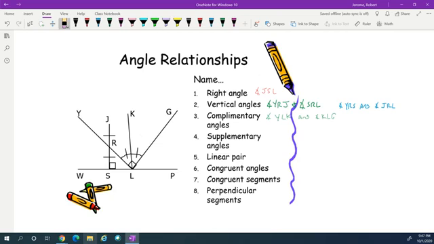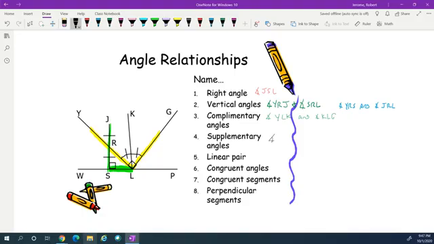Supplementary angles, two angles that add to 180. Well, I see a 90 and I see another 90. 90 and 90 is 180. So let's use those. And again, there's multiple correct answers here. I just want to make sure we all get to see an example.